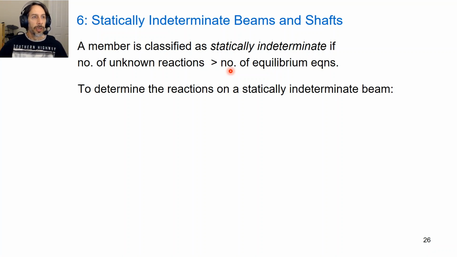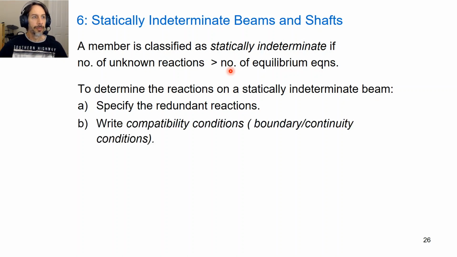If we want to determine the reactions on a statically indeterminate beam, then we specify the redundant reactions. We write compatibility equations or conditions. You won't know what that is, so we're going to talk about that in this video. Basically all we're doing is looking at the boundaries of supports.